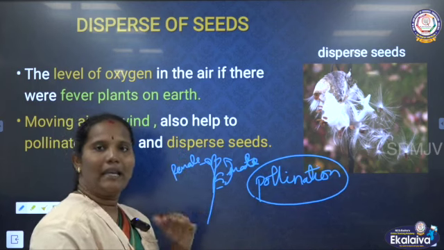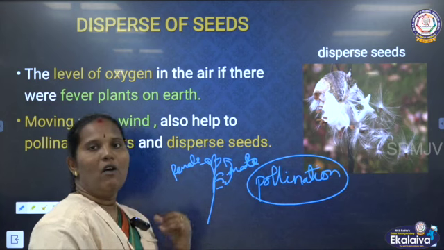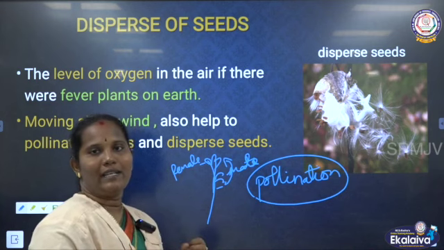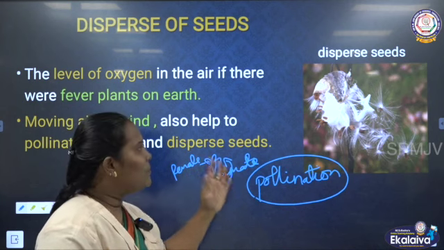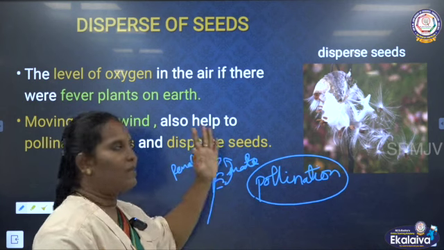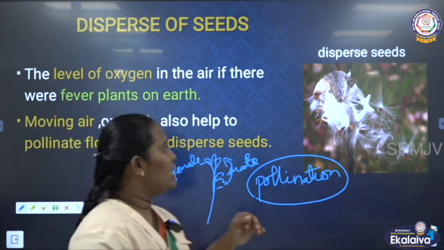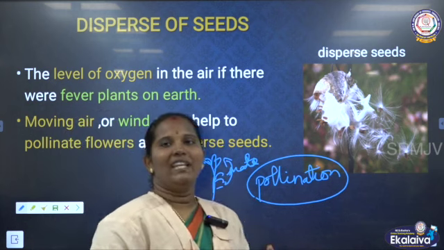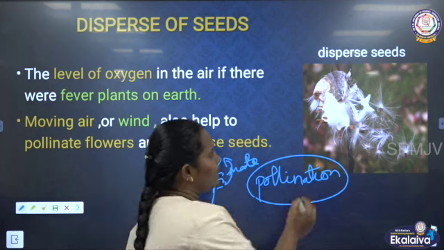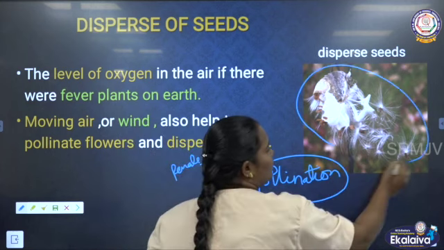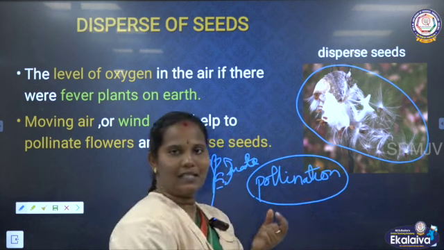Pollination can be categorized into many types: water pollination, animal pollination, insect pollination, as well as air pollination. So, in air pollination the seeds are dispersed. How do they disperse? Some plants have very lightweight seeds. Here we can see the cotton plant, with some hair-like structure.